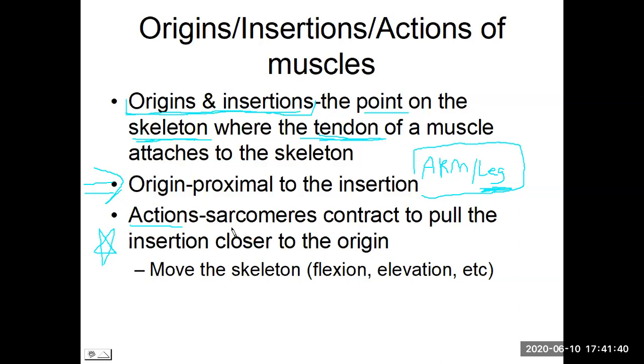So in all cases, when a muscle is contracting, muscles first can only pull. That's the force they exert, is a pulling force. And they could only pull the insertion tendon closer to the origin tendon. The insertion has the ability to move. The origin tendon is held stationary.